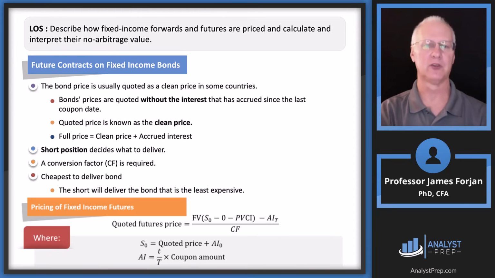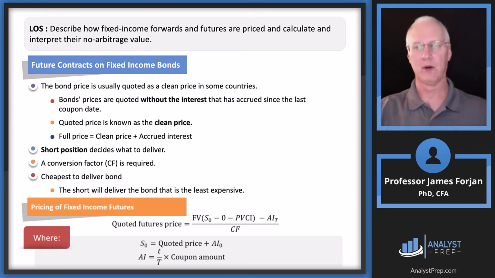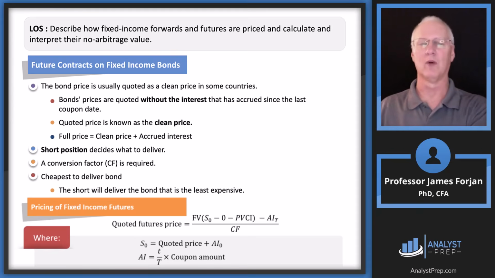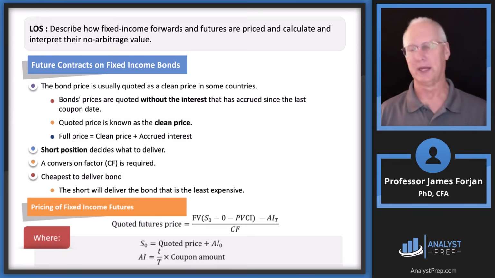This is particularly true for Treasury securities, because there are so many Treasury securities out there. All you have to do is deliver one. So you're going to pick the cheapest one to deliver. So we might need a conversion factor, and we might need to consider the cheapest to deliver bond.